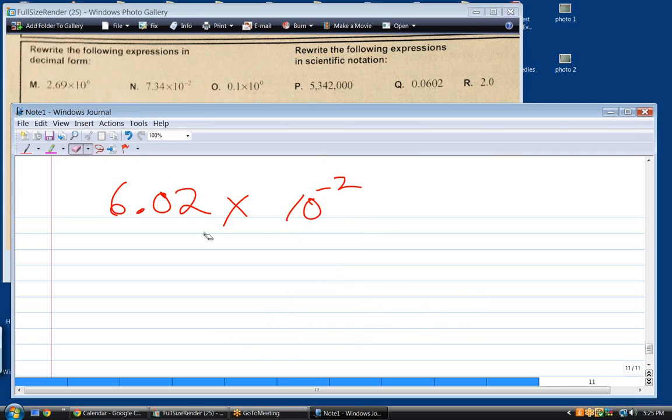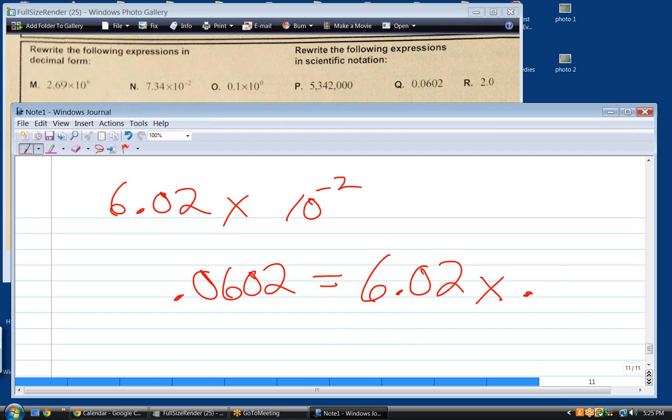Notice that our number 0.0602 is equal to 6.02 times 0.01, right? Well, 0.01 is 10 to the negative 2. Okay?